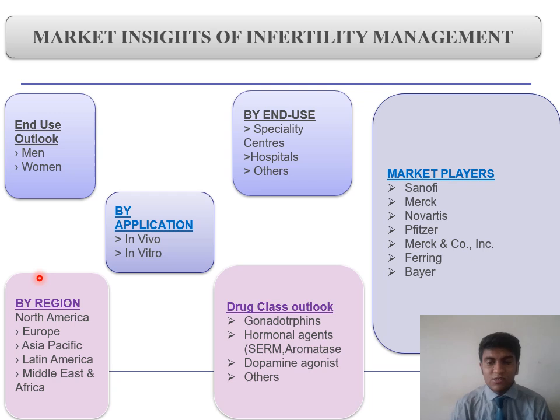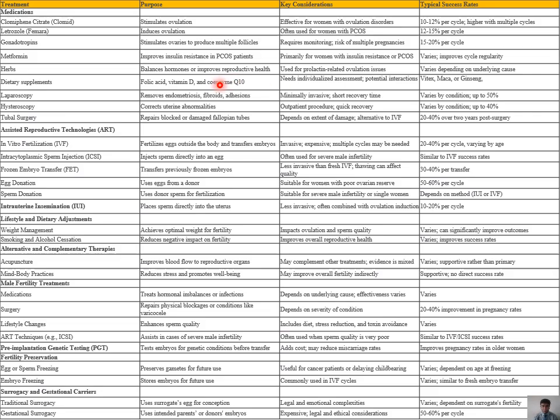The key market segments by region are North America, Europe, Asia Pacific, Latin America, Middle East, and Africa. The drug class outlook involves gonadotropins, hormonal agents, dopamine agonists, and other agents. The market players include Sanofi, Merck, Novartis, Pfizer, Bayer Pharmaceuticals, etc.